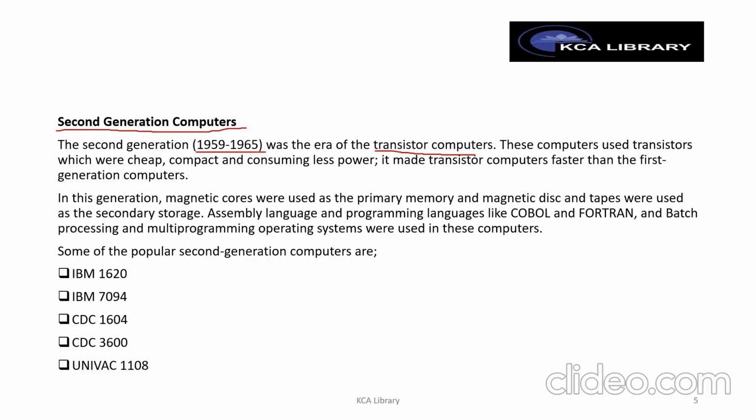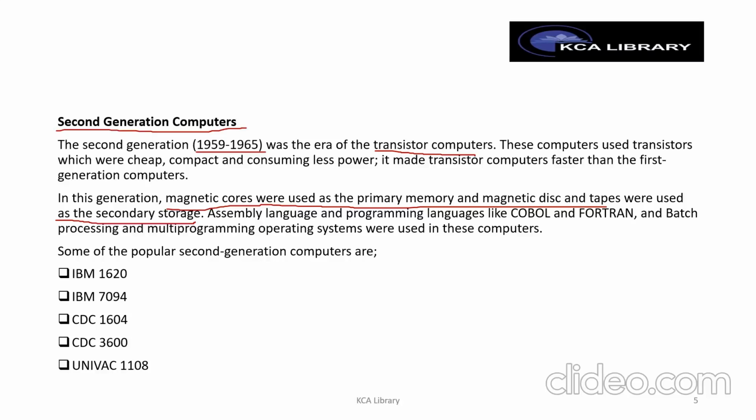Transistors were also a bit faster. In this generation, magnetic cores were used as primary storage, and magnetic disk and tapes were used as secondary storage. I hope you are noting down these characteristics.